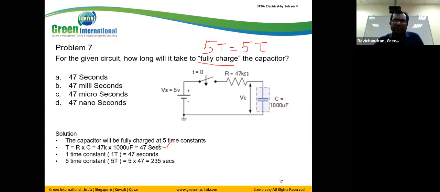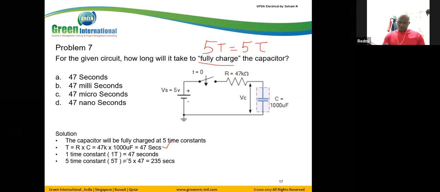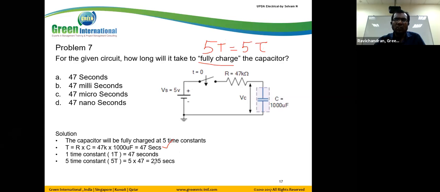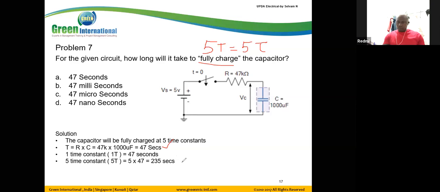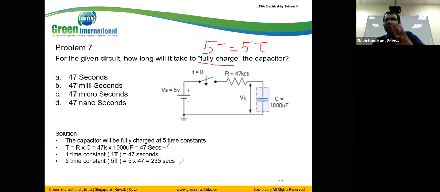Already we found that previously. For full charge, 5 time constants. So 5 into 47, 235 seconds. 235 seconds is needed to charge to the full voltage.